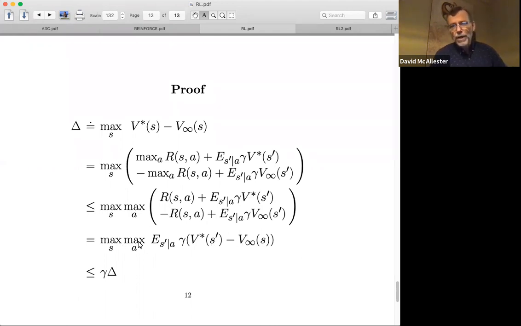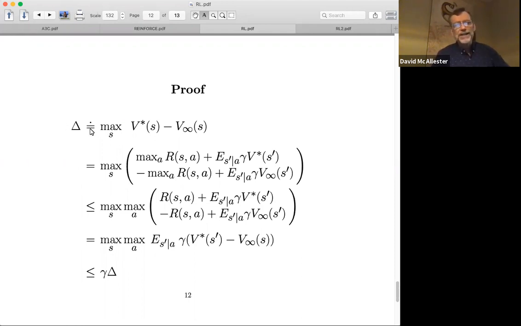And then what I've shown is that this is equal to a max over states and a max over actions of an expectation of gamma times this difference. And the expectation of gamma times this difference is we're assuming that that is this gap delta.